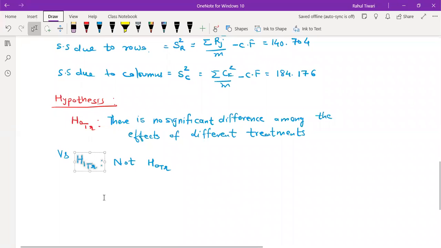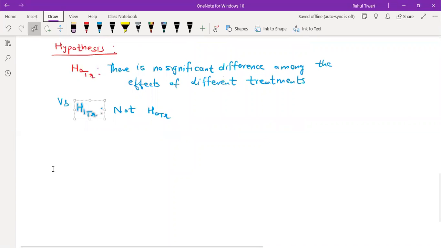The similar thing can be done for rows, columns. Okay, so that we can just copy and paste.